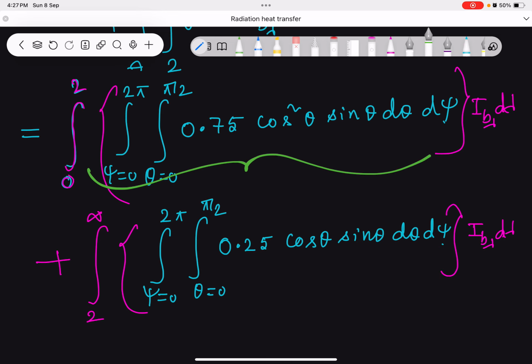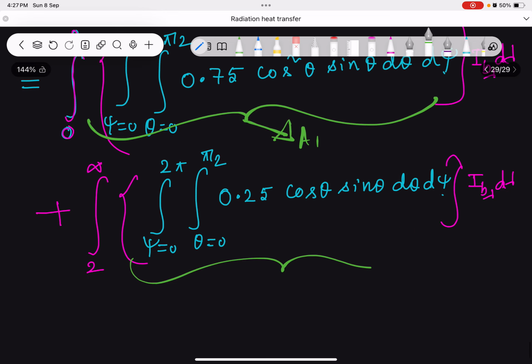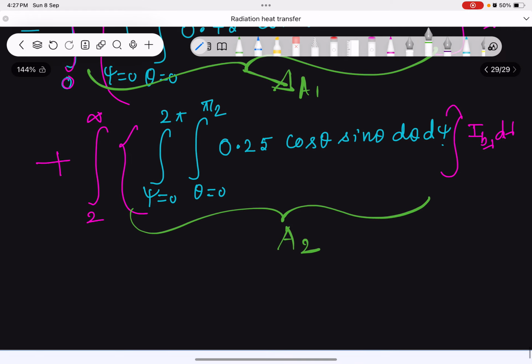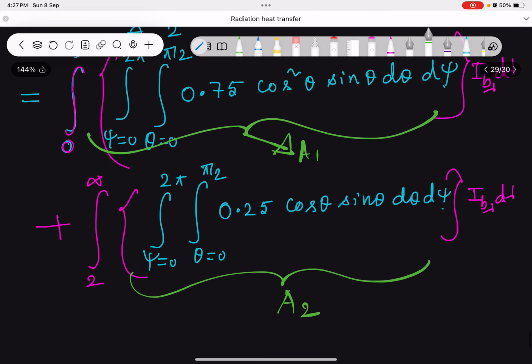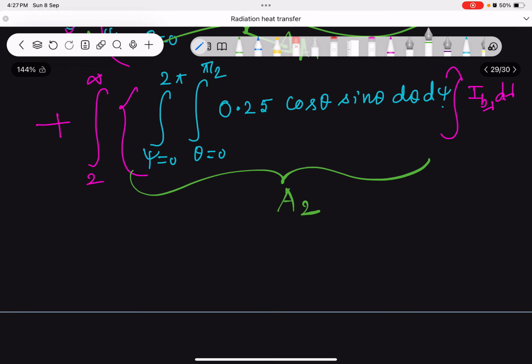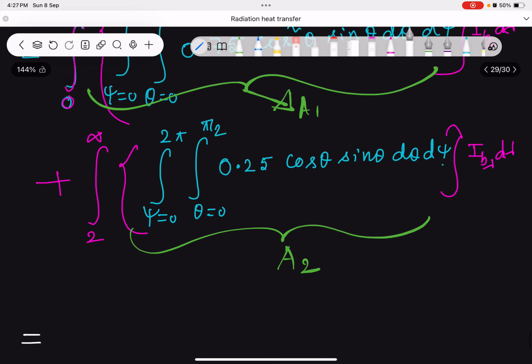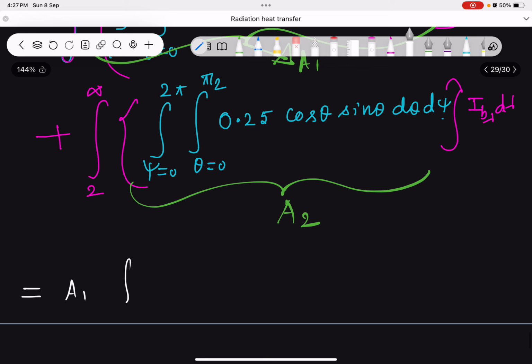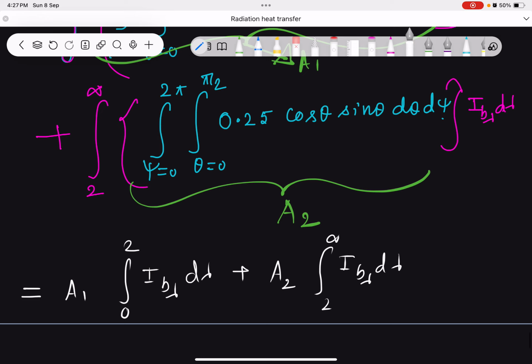So here I will term this as my a1 and this as my a2. Then I will have a1 into the integral from 0 to 2 of I b lambda d lambda plus a2 into the integral from 2 to infinity of I b lambda d lambda. Clear?